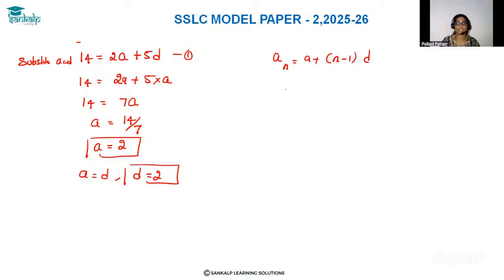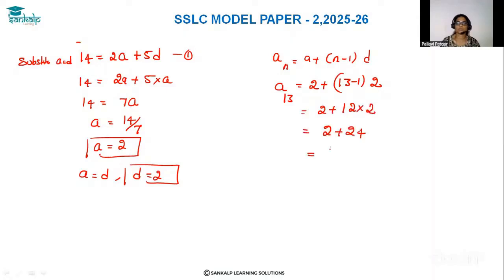So a13 is equal to a, which is 2, plus (13 minus 1) into d, which is 2. So it is equal to 2 plus 12 into 2. 12 twos are 24, so it is equal to 26. So the 13th term of the progression is 26. Thank you.